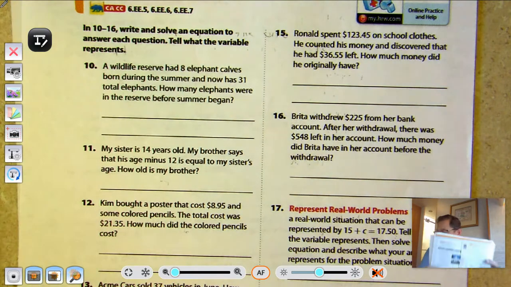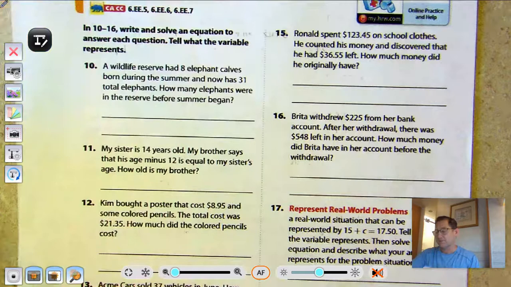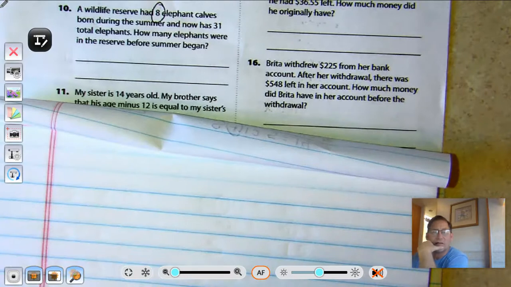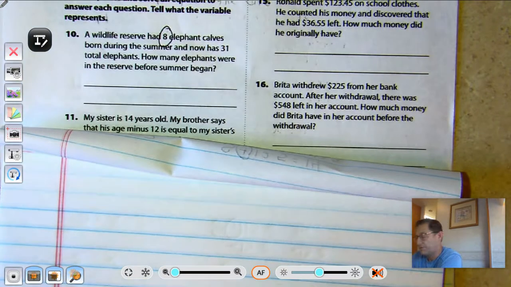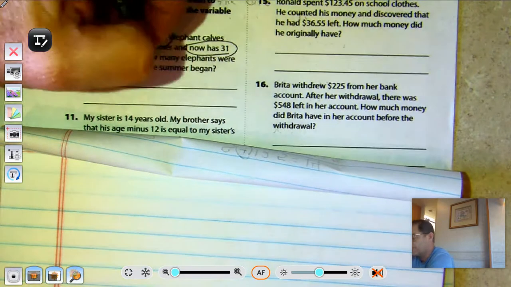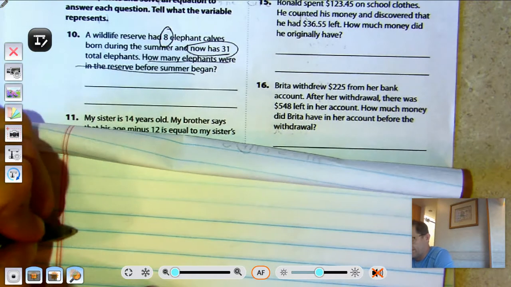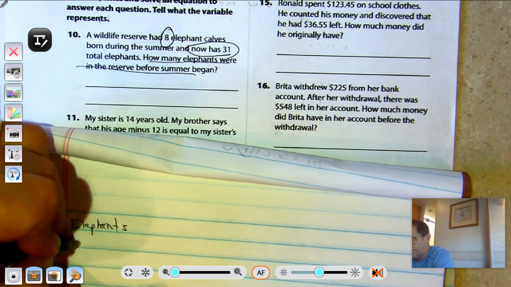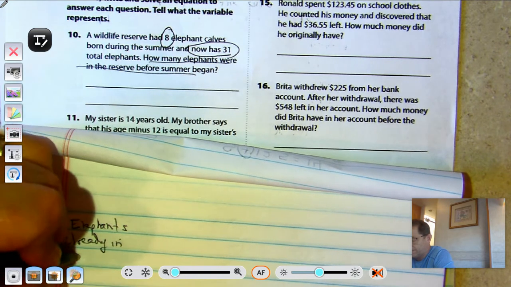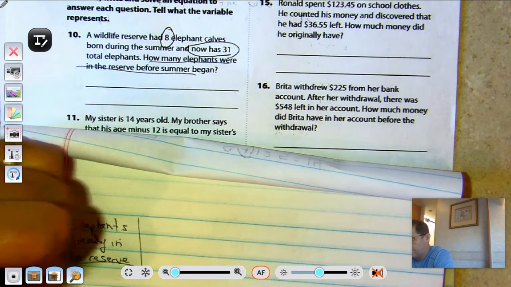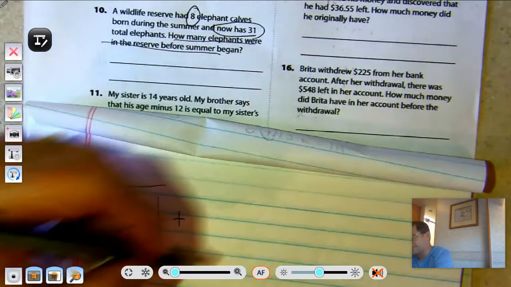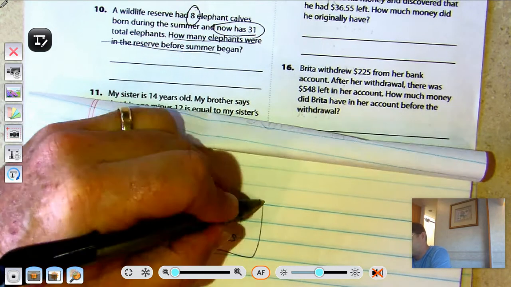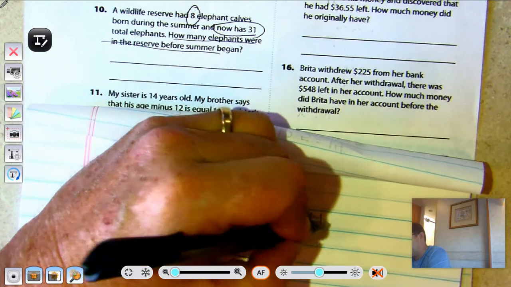Well, okay, so what do we know? We know that there were 8 calves that were born during the summer, and now there are 31. So we know that if we add elephants already in reserve plus the elephant calves, that's going to give us the total number of elephants.